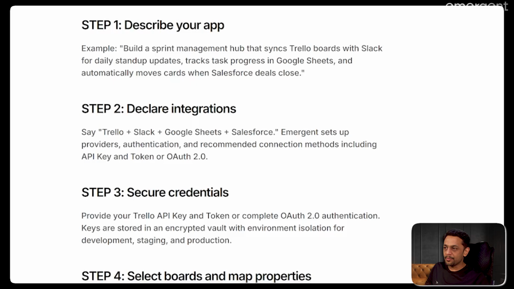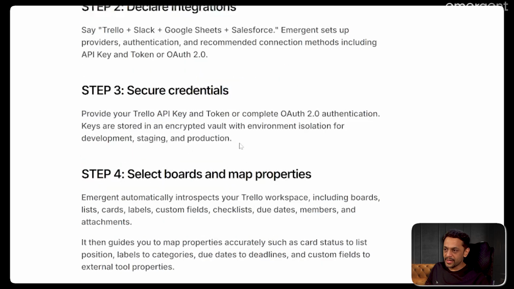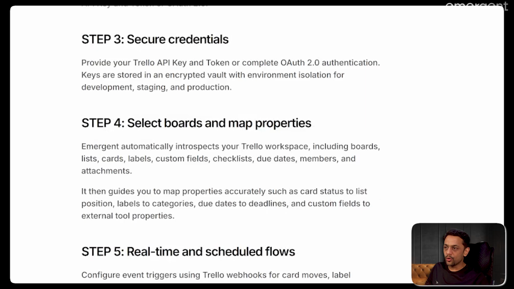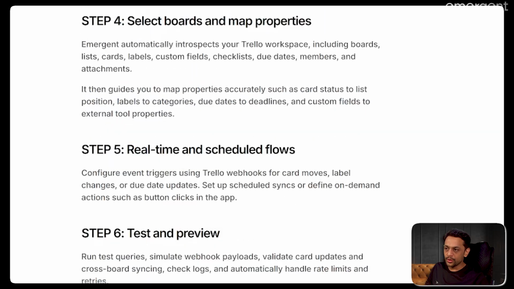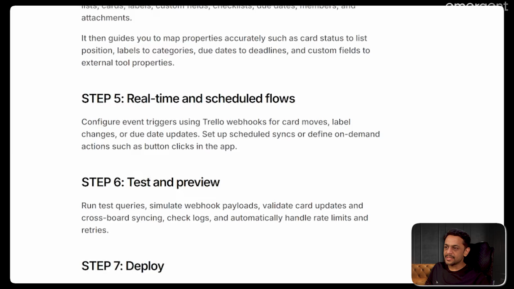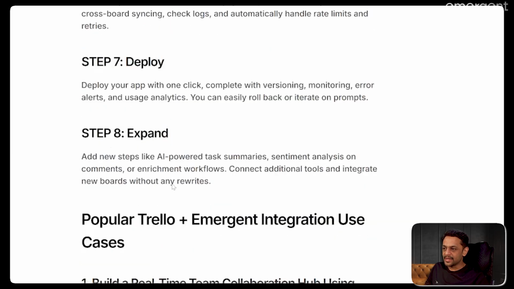Emergent sets up providers, authentication, and recommended connection methods including API key and token or OAuth 2.0. Step 3 is secure credentials. Step 4 is select boards and map properties. Step 5 is real-time and scheduled flows. Step 6 is test and preview. Step 7 is deploy. Step 8 is expand.